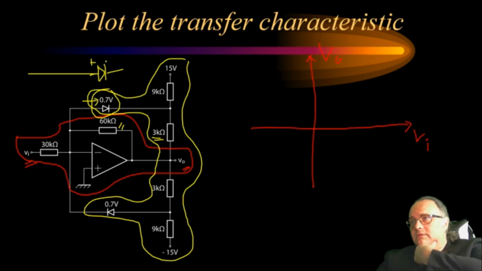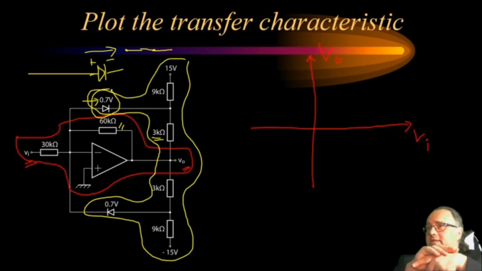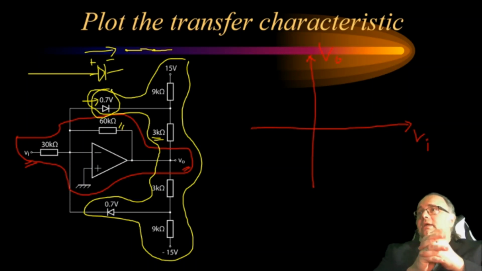So if this becomes 0.7 volts, and the direction is very important, please note the direction, here is positive, here is negative, then the diode can be considered as a switch that is closed. For any other voltages, so basically reverse biased or voltages less than 0.7 volts, then the diode is modeled like a switch that is turned off.